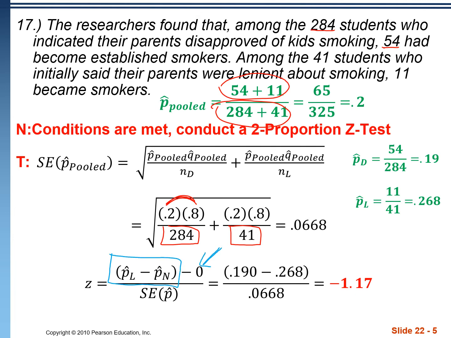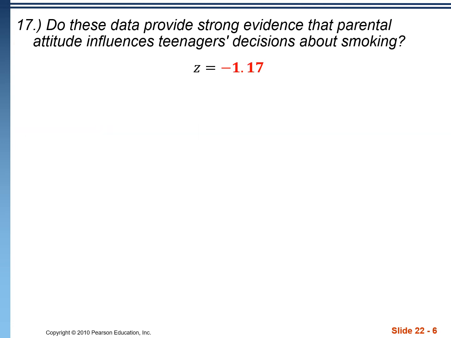The null hypothesis says that there actually is no difference. These two rates are the same. All right, so is this a statistically significant difference based on that standard error? We get a z-score of negative 1.17, which we'll use to find a p-value.